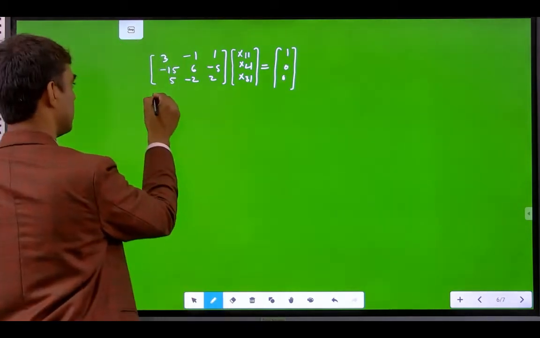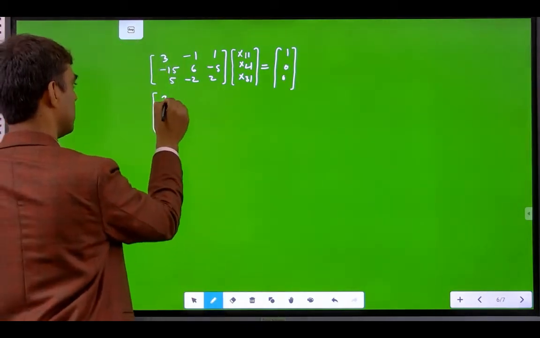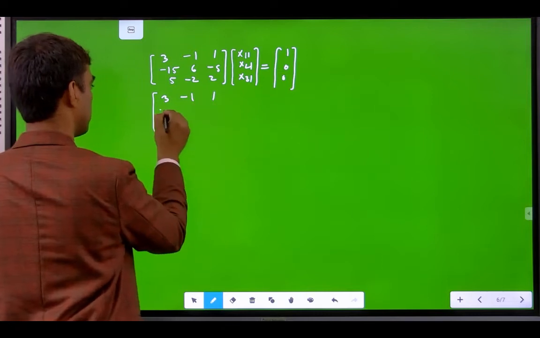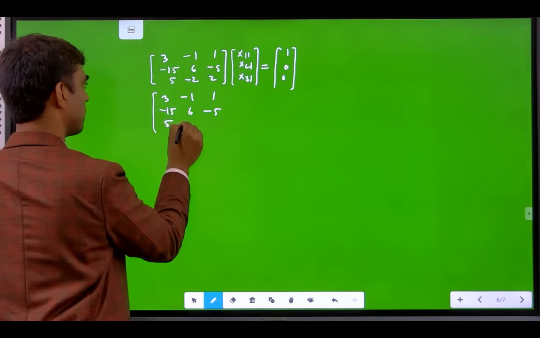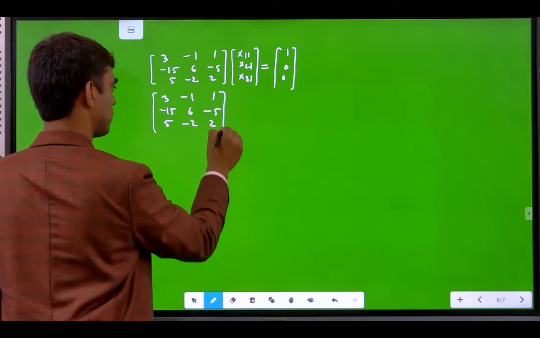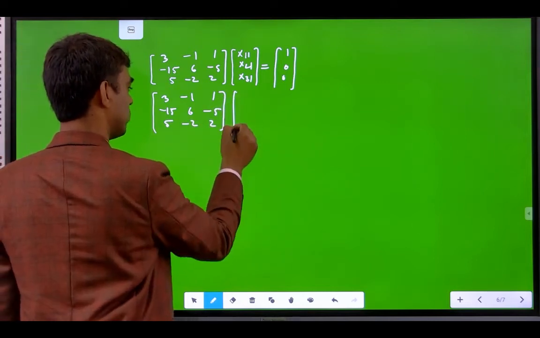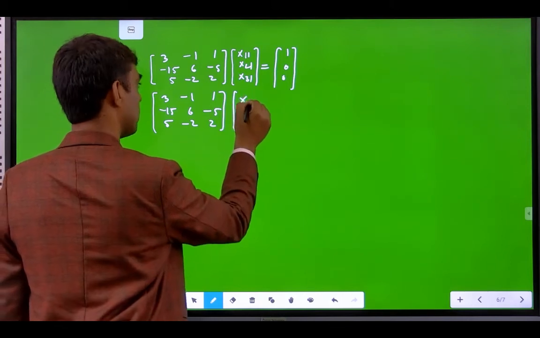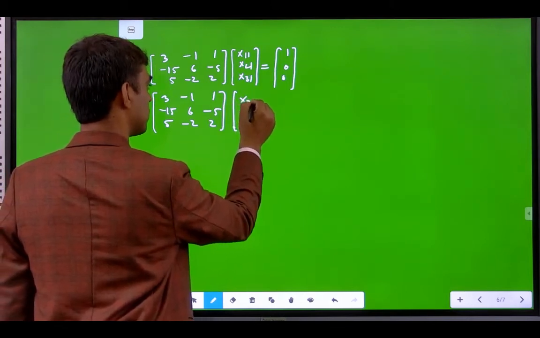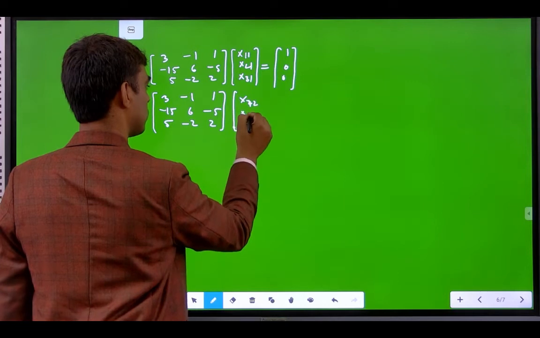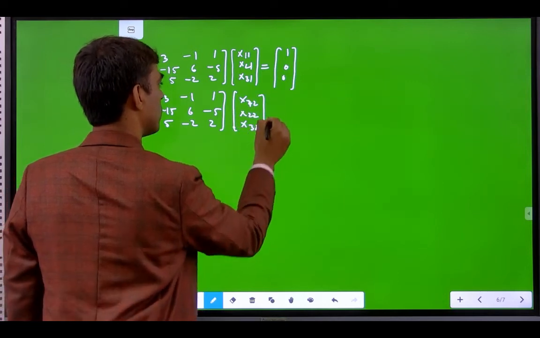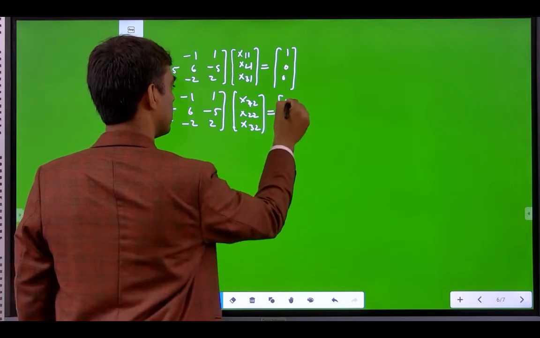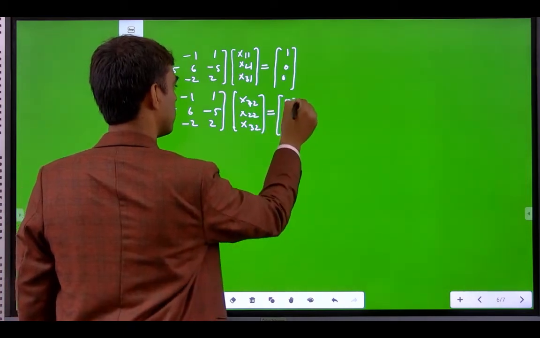The second system of linear equations is [3, -1, 1; -15, 6, -5; 5, -2, 2] times the second column of A inverse, which is [x12, x22, x32], equals [0, 1, 0].